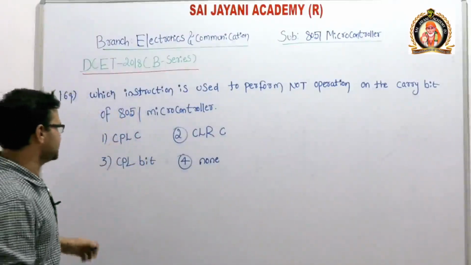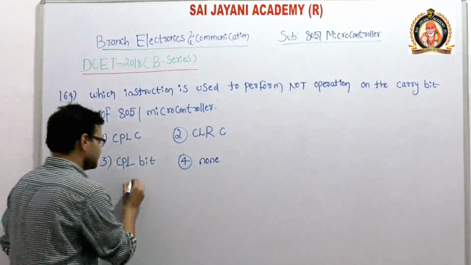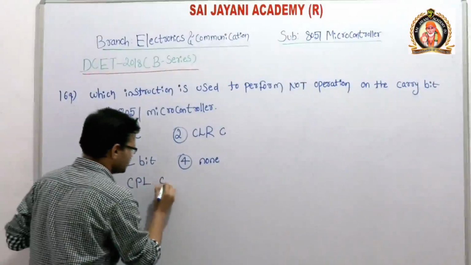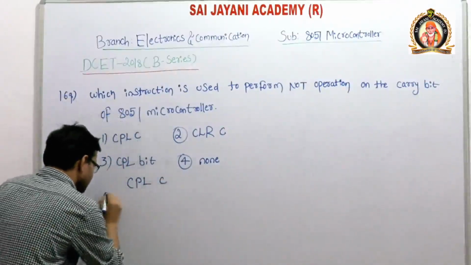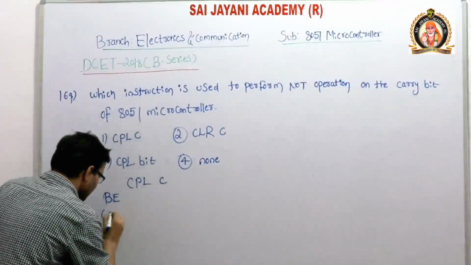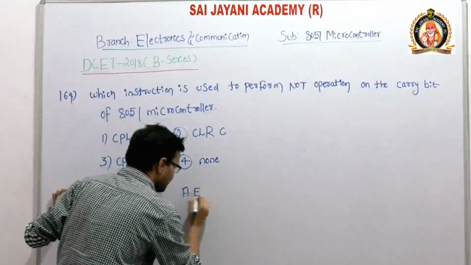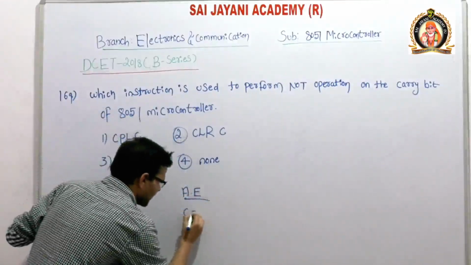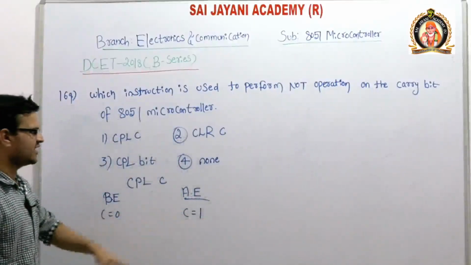The first option, CPL C, will complement the carry flag. Suppose before execution C is equal to 0, then after execution the carry bit becomes 1. That means it complements the carry flag.